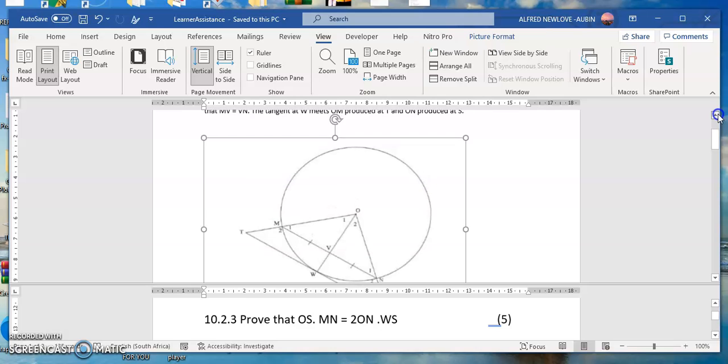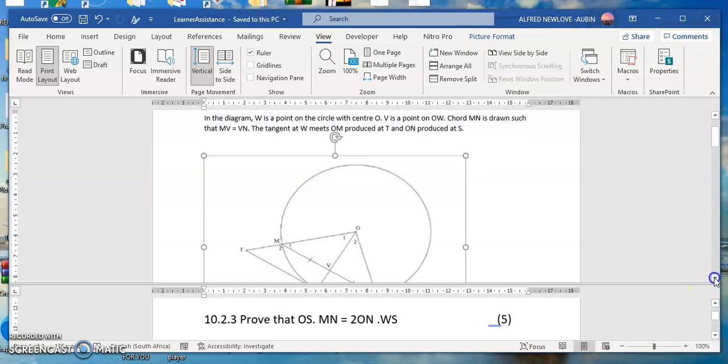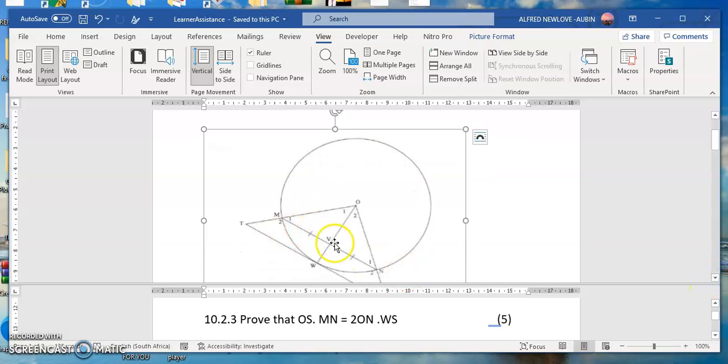Then we continue to say that the chord MN is drawn such that MV is equal to VN. You see that they've drawn this line. So it means this length is equal to that length.